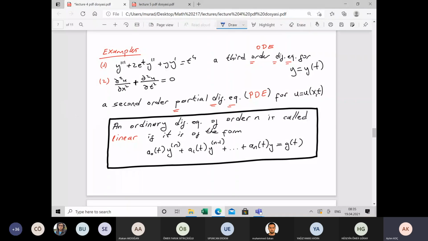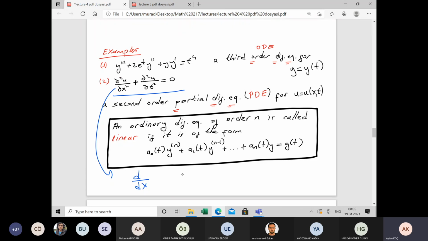In the second one, the equation contains a partial derivative. This one is d over dx, the derivative with respect to x, but this one is a partial derivative, with a curly d.